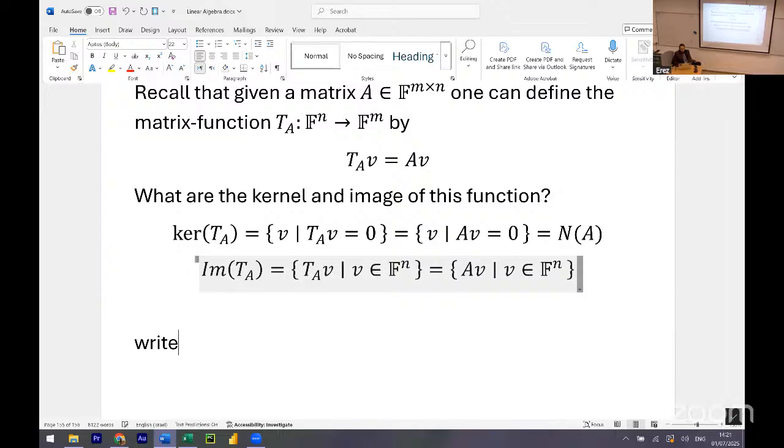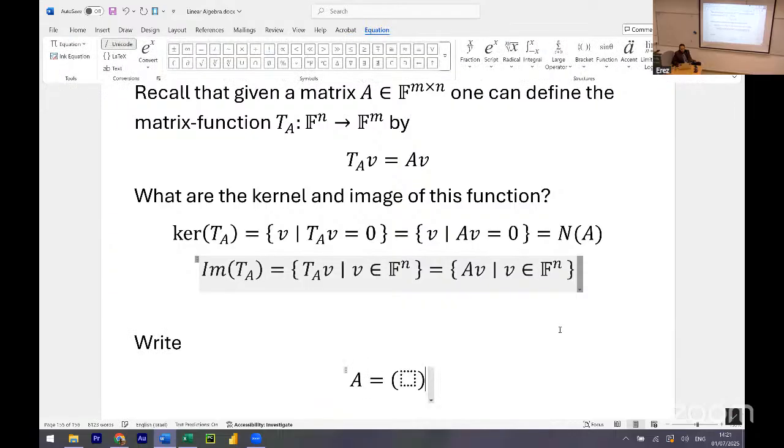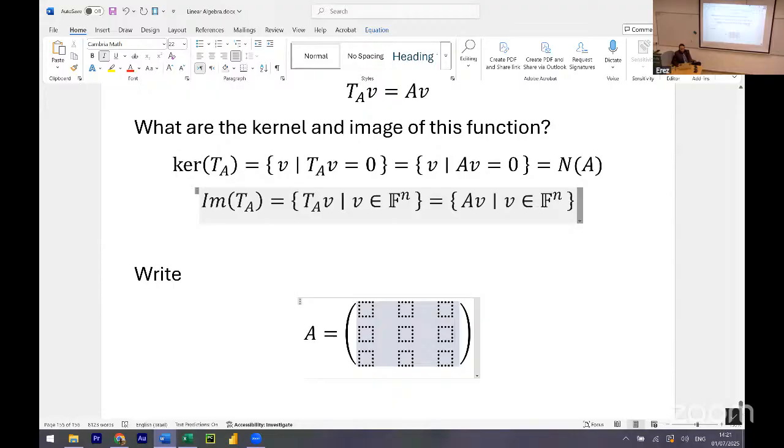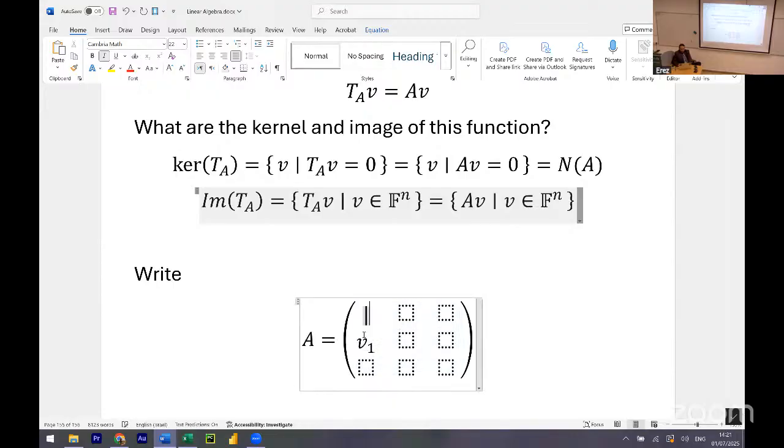Write A by its columns, meaning the first column is V1, and the last column is Vn.